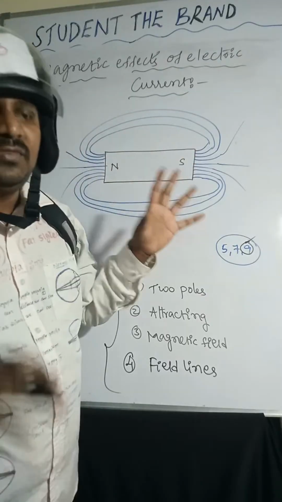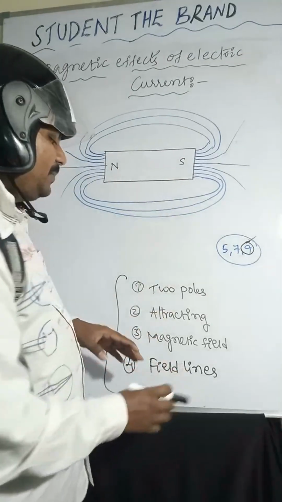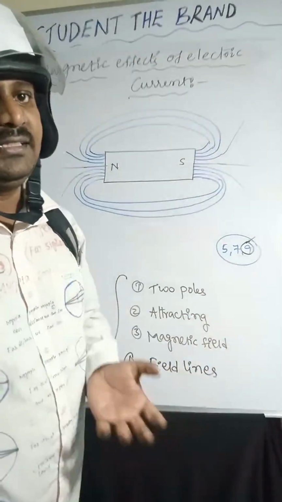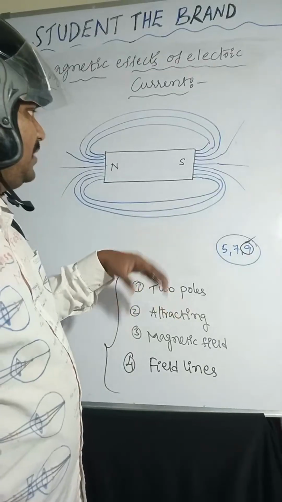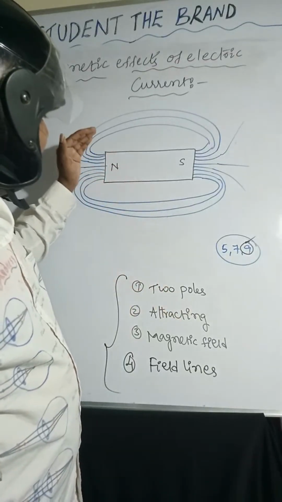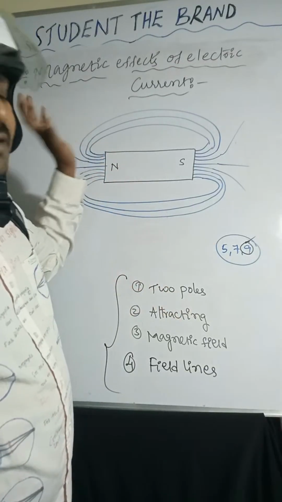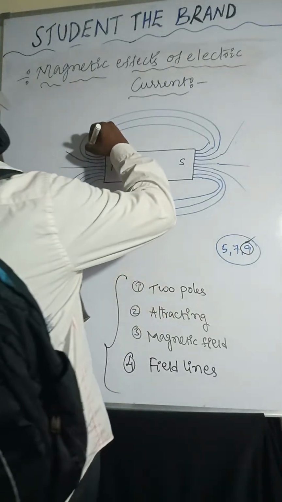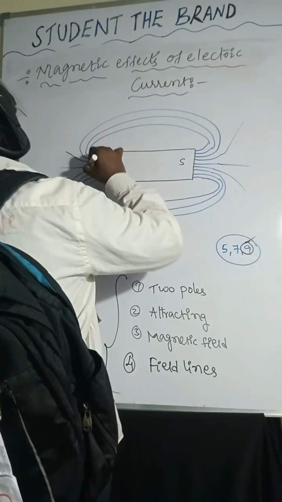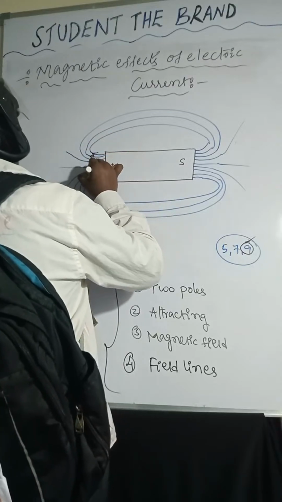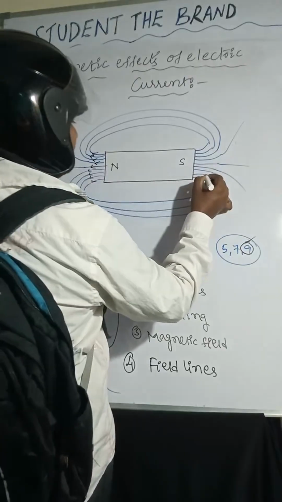Magnetic field lines are very important. Now we are discussing the properties of the field lines. Magnetic field lines emerge out from the north pole and merge at the south pole.